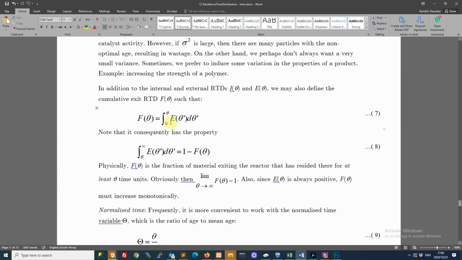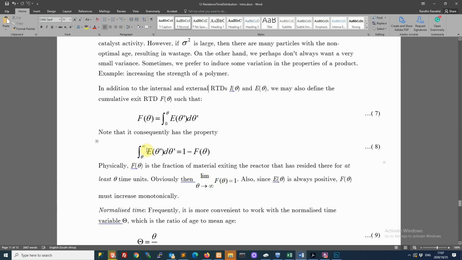Now, the maximum possible age is infinity. Your lowest possible age is 0. You can't have a negative age. But in a reactor, we can imagine we are aging to an infinite period. We could have a reaction space where things have been sitting there forever. So it's not like a human population where we say the maximum age is something.